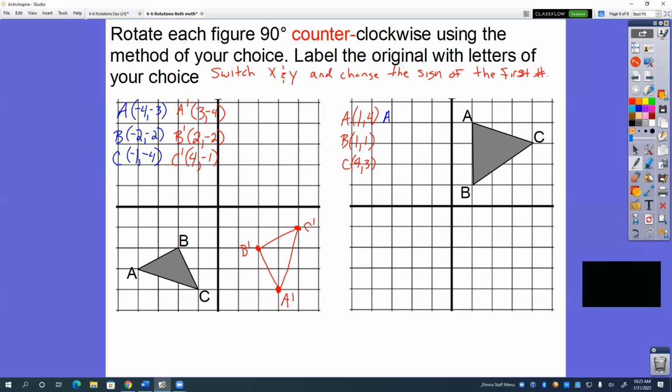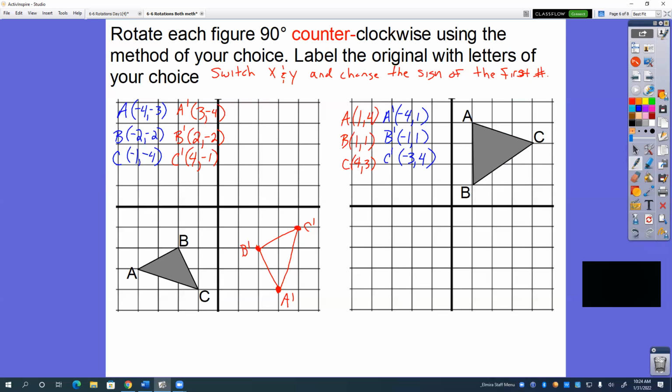So A prime would be -4, +1. B prime would be -1, +1. And C prime would be -3, +4.